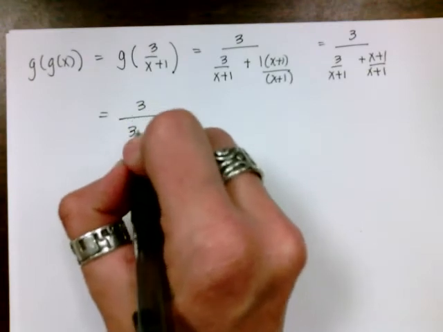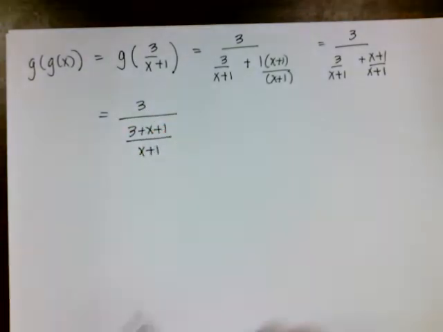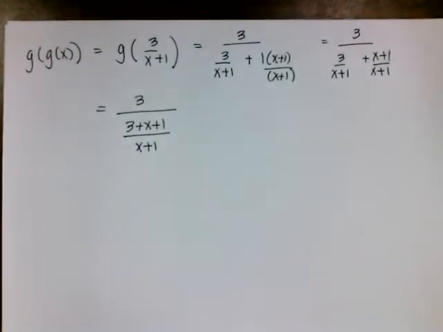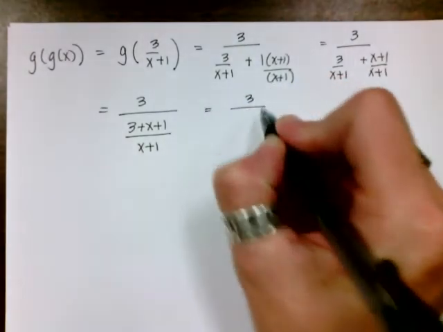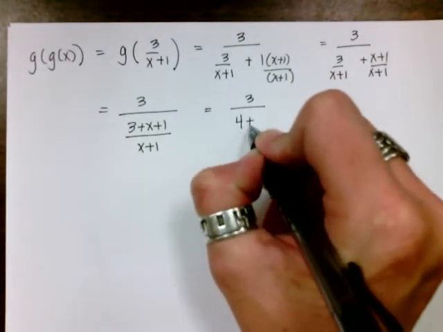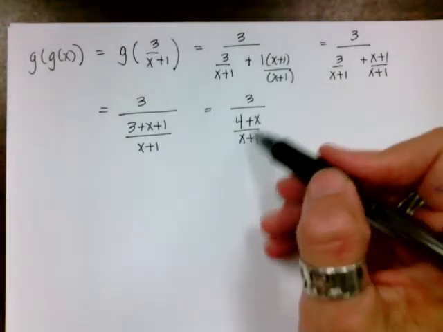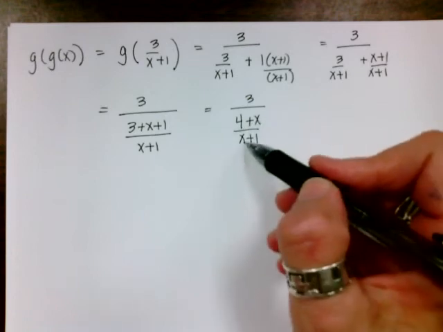So I have 3 plus x plus 1 over x plus 1. Remember, when you add fractions, the denominators just stay the same. Okay? Alrighty. Now I'm going to simplify. So here's the 3. 3 plus 1 is 4 plus x over x plus 1. Remember, I can't simplify this because it has a plus sign in the middle, so this is done.